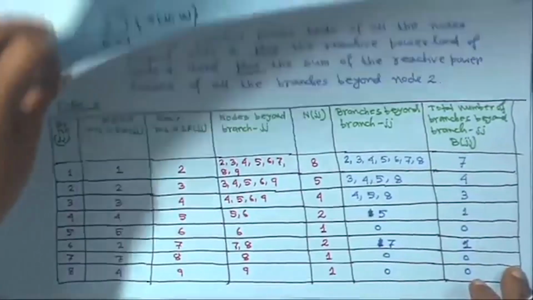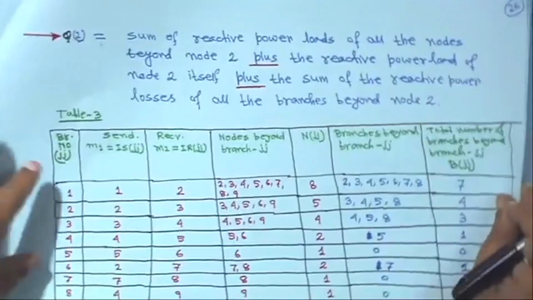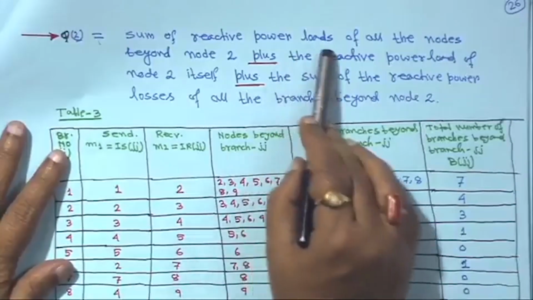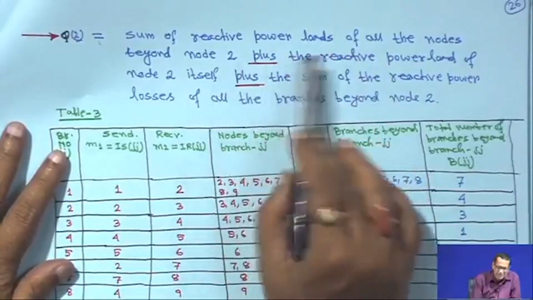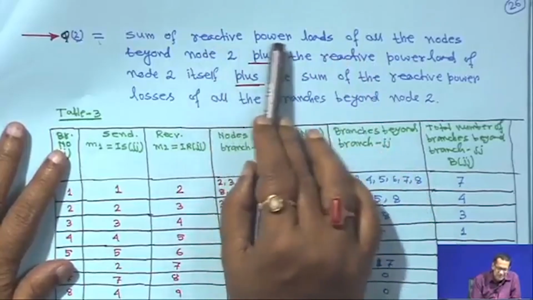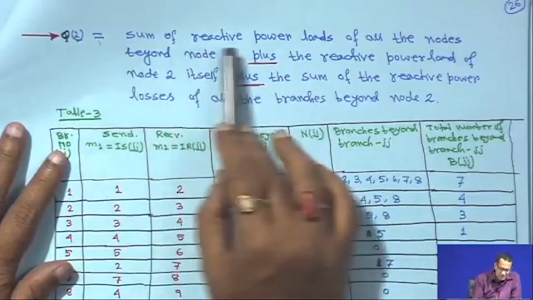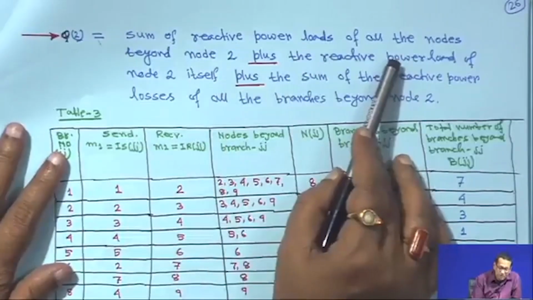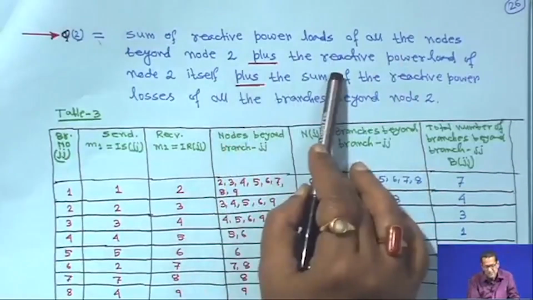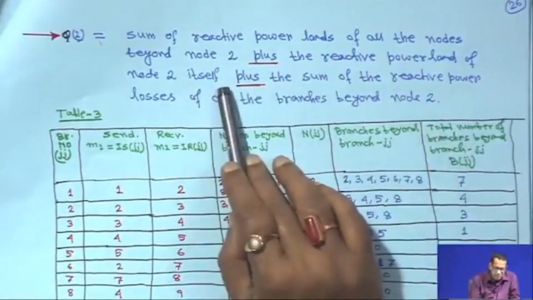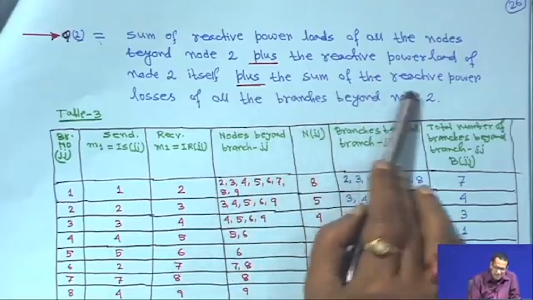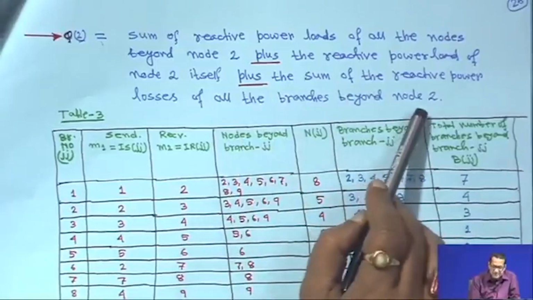Similarly, Q2 is equal to the sum of reactive power loads; the meaning is the same, only instead of the word real we replace it by reactive, the rest is the same. So, Q2 is equal to the sum of reactive power loads of all the nodes beyond node 2 plus the reactive power load of node 2 itself plus the sum of the reactive power losses of all branches beyond node 2.